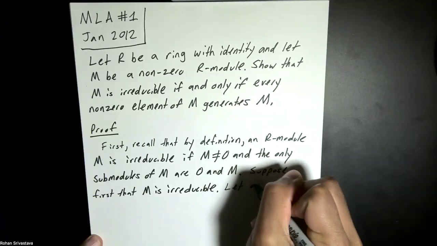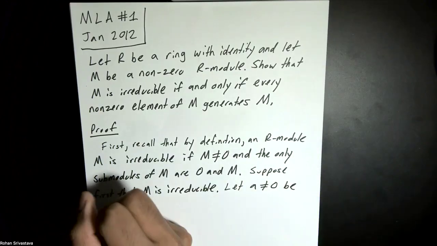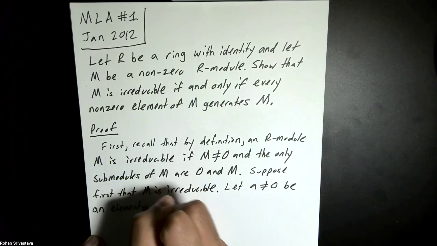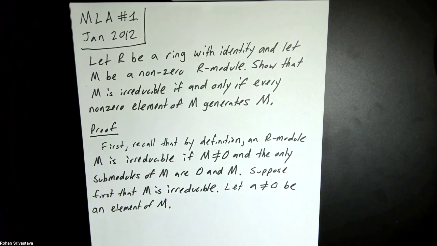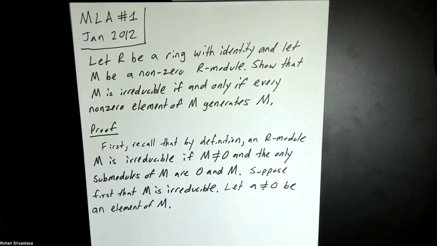Well, let A be a non-zero, arbitrary non-zero element of M. We want to show that it generates M. Also, we know that this A exists because M is a non-zero R module. But even if it didn't, the statement would still hold vacuously.